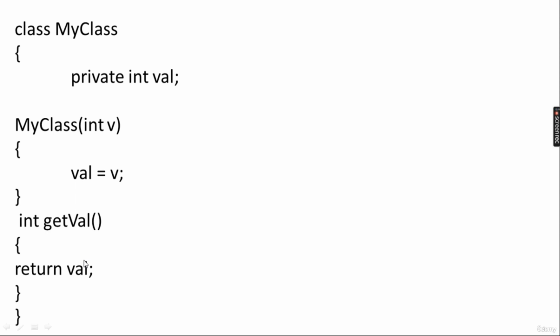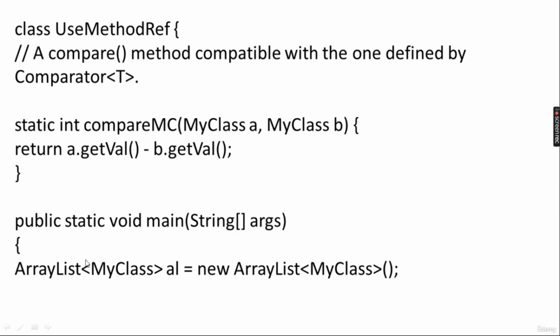Then getValue returns the value. The next class uses a method reference: a compare method compatible with the one defined by Comparator<T>. So we declare the method compare: static int compareMC(MyClass a, MyClass b). This compare method should be compatible with the Comparator<T> interface.